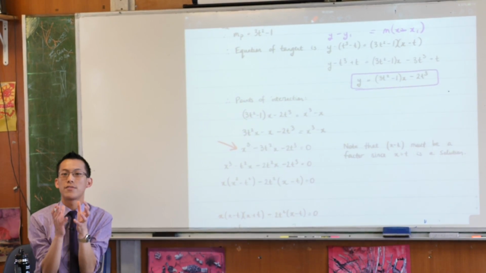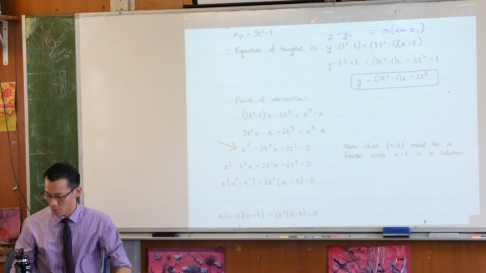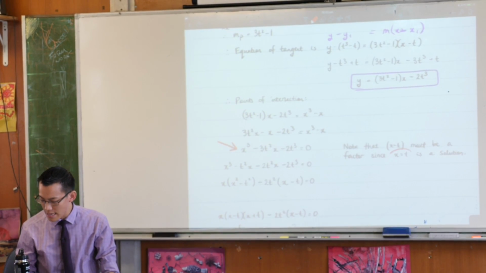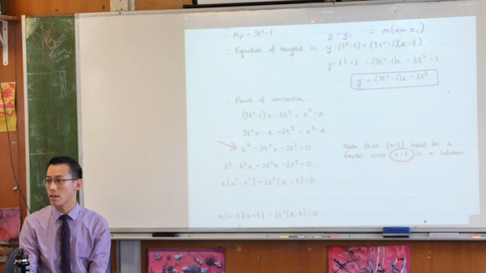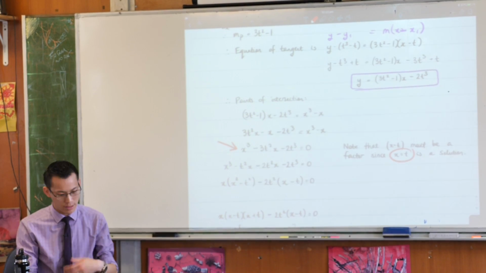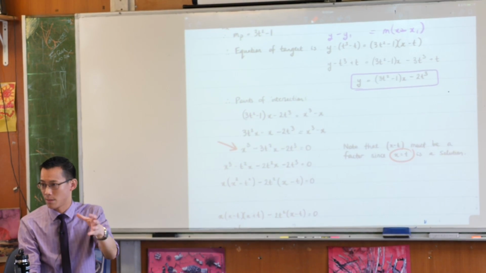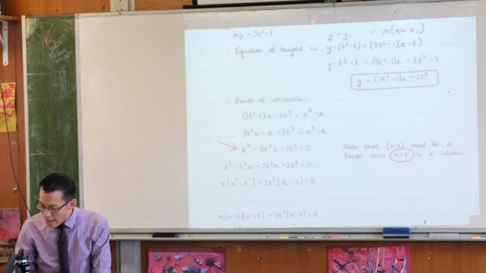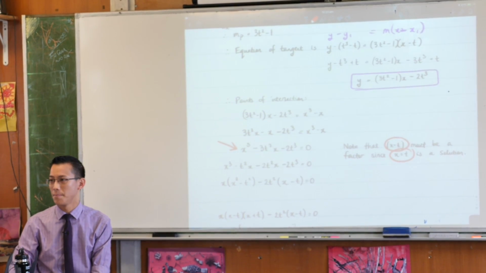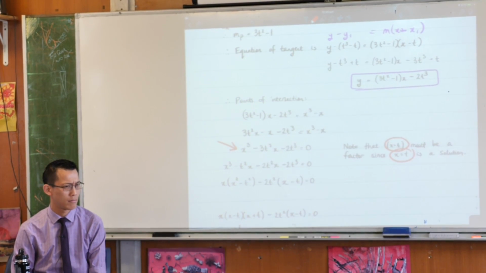So you need to take advantage of something you know from polynomials. x equals t is a solution, right? The question itself tells us that because there's a point of intersection. That means that x minus t is a factor. Can I say that again?